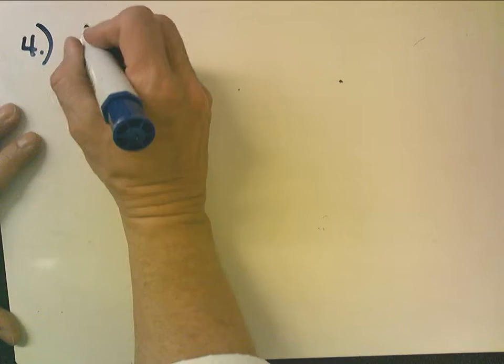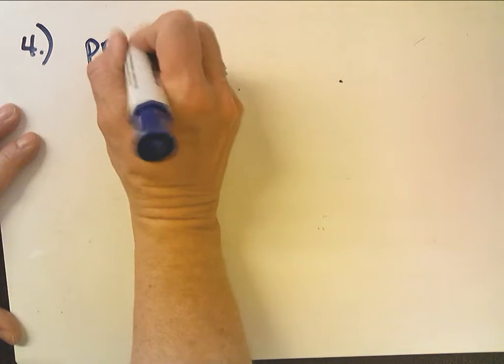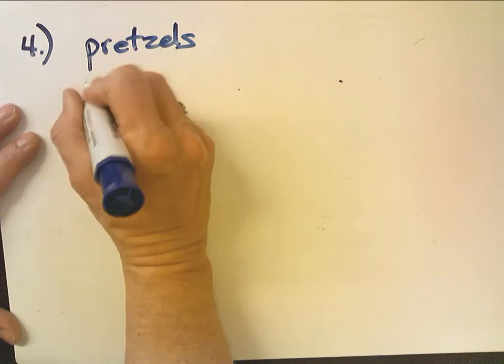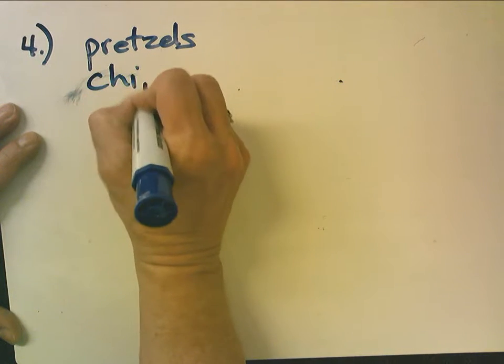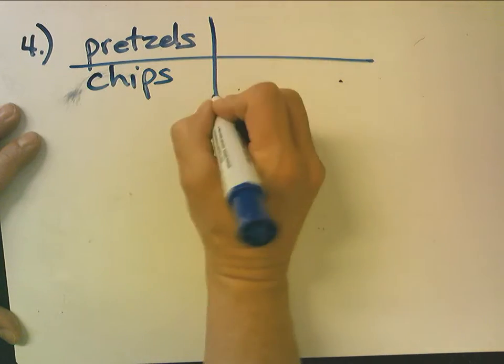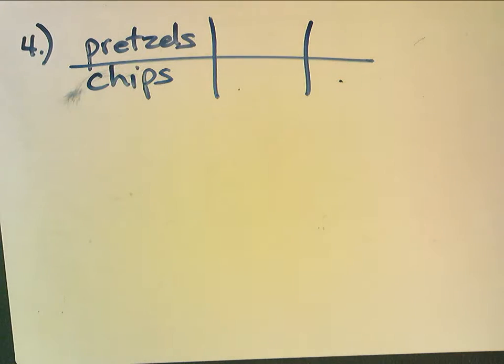Okay, so I know that I have pretzels and potato chips. I'll just call it chips. If 3 bags of pretzels and 4 bags of potato chips cost $17.45, how much does a bag of pretzels and a bag of potato chips each cost?